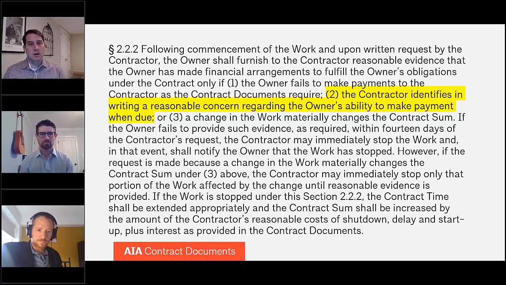I don't know. I doubt that a general fear justifies a reasonable concern. From the contractor's perspective, I would feel safer requesting this type of information if the concern were a little more specific to the owner that you're dealing with. In our previous examples, we were talking about an actual filing of bankruptcy by the owner, or specific rumors and concerns that this owner was going to be filing for bankruptcy soon.